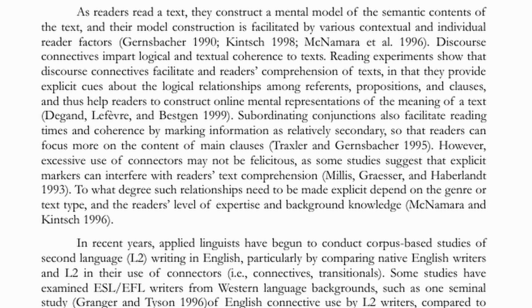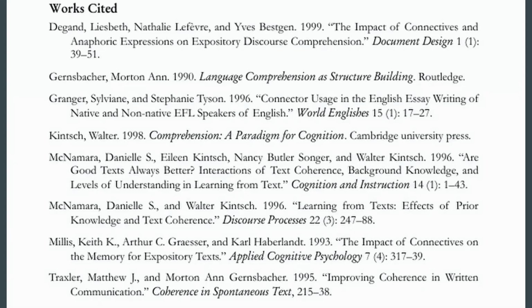So you have Gernsbacher 1990, so no comma after the author before the year. And that tells you this is Chicago, not APA. The in-text citations look kind of like APA, but no commas. But Gernsbacher 1990, colon, Kinch 1998, colon, McNamara et al., notice et al. here, for Chicago Manual.